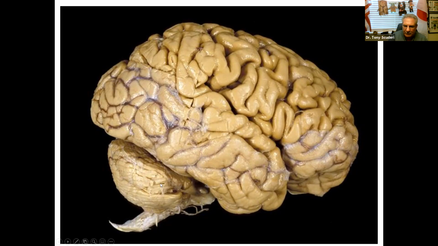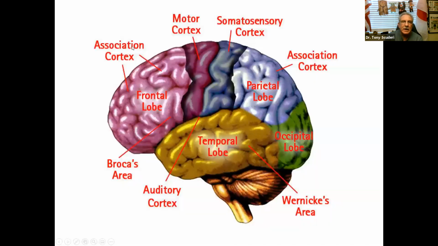You have the pons, the medulla oblongata, this area. Little folds that you see are called gyri or gyrus, and these little slits that you see in here are called sulci or sulcus. All right.